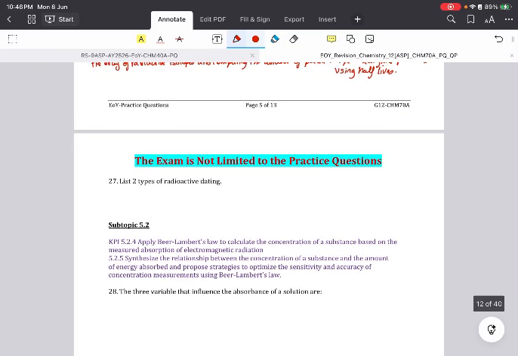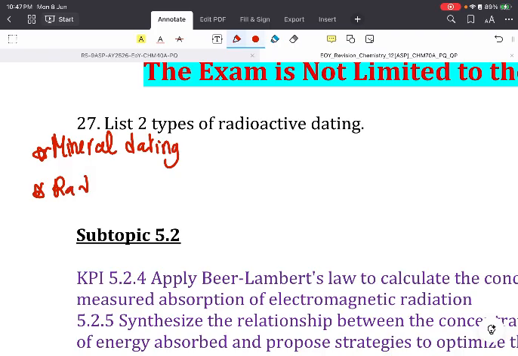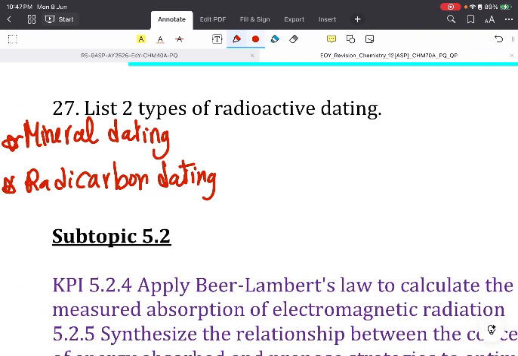Now in the next question, they are asking you to list 2 types of radioactive dating. There are so many types. In your answer key here, you have the mineral, which is the geological dating, and you have the radiocarbon dating. Now I'm gonna list some and you can remember whichever you want. So the radiocarbon dating, usually it uses carbon.